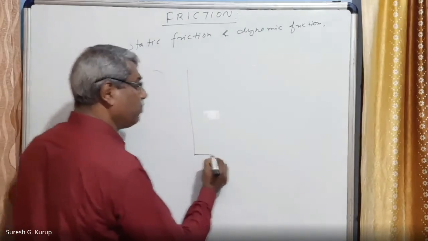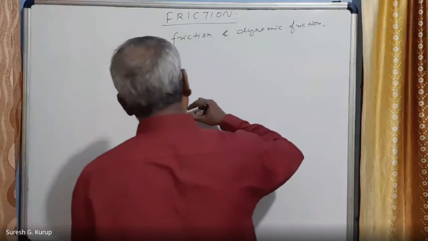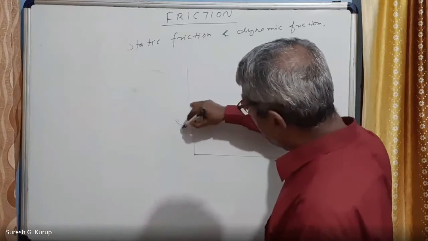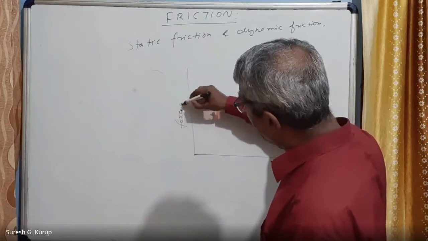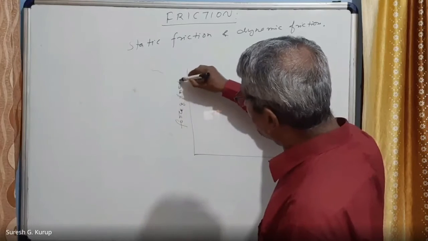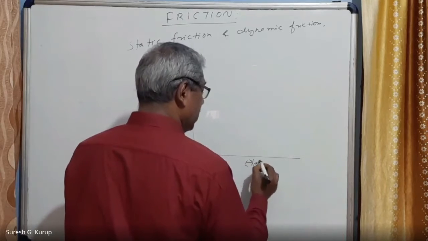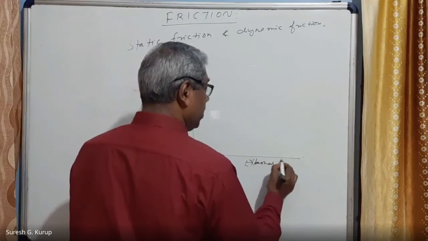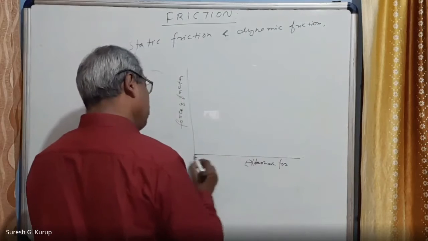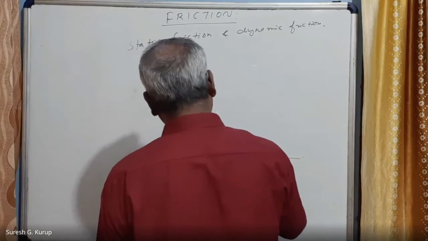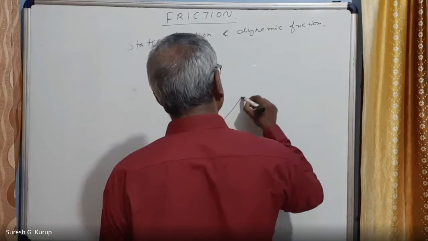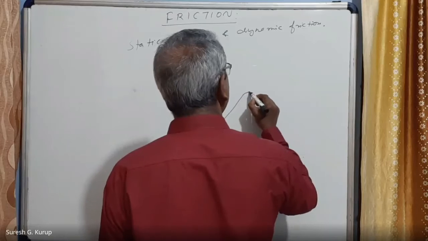If you make it, this is the force of friction, and this is the external force. When the external force increases, you will see that the force of friction also increases up to a maximum value.